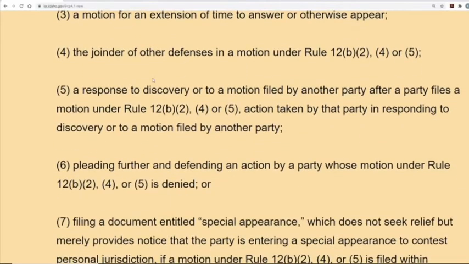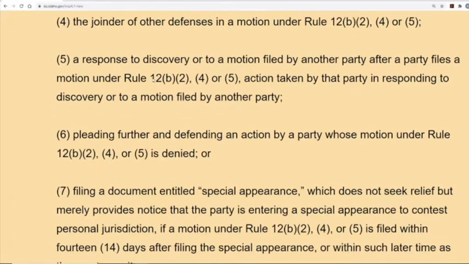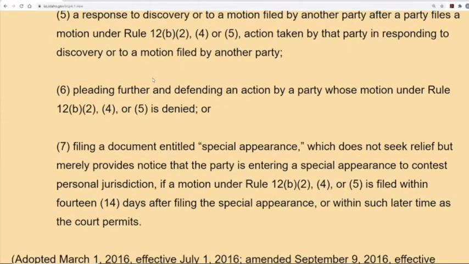Response to discovery, pleading further and defending an action by a party whose motion under Rule 12, see, there it is denied. Still, filing a document. Notice it's in quotation that you have to file a document entitled Special Appearance, which does not seek relief but merely provides notice that the party is entering a special appearance to contest personal jurisdiction.